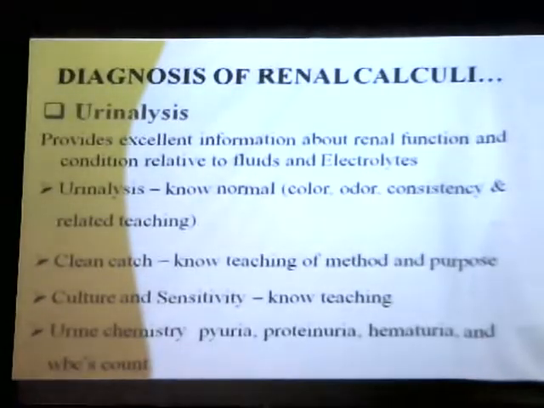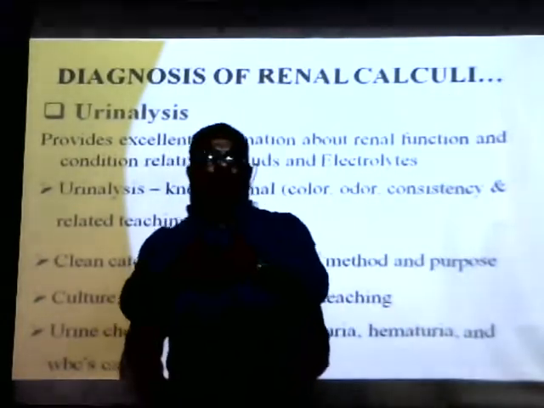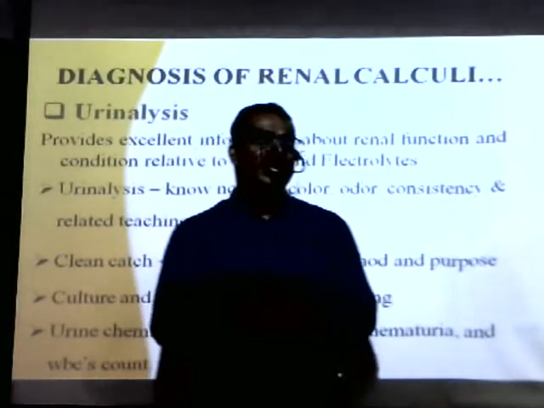Now comes the urine analysis, which provides excellent information about renal function and the condition of fluid and electrolytes. As we have seen in the pathogenesis, supersaturation of the urine was the mechanism involved in the development of renal calculi.